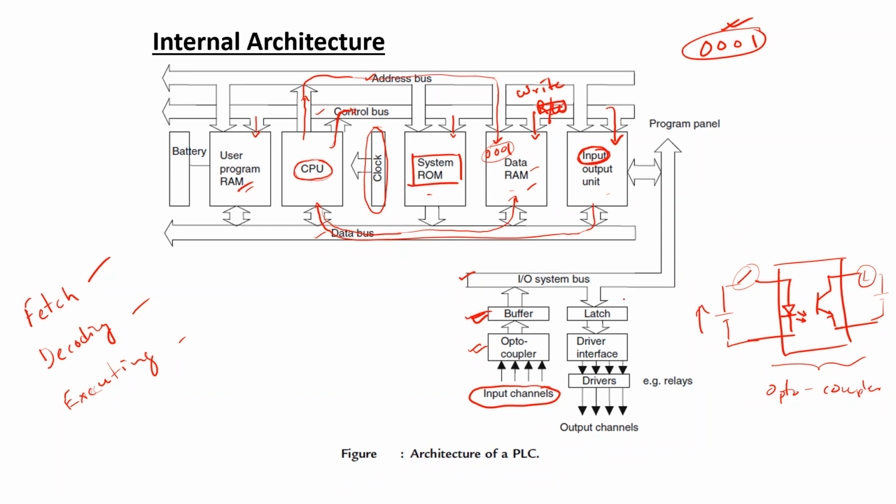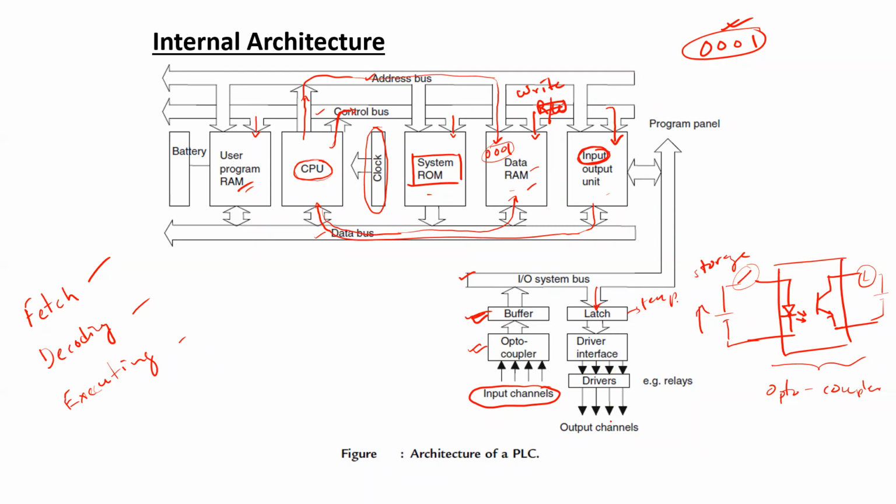Now, on the output side, if some data has to be transferred to the output ports, that can also be done through the input output unit. From the input output unit, the data will be transferred to the latches, which are temporary storages, and different types of loads may require different types of drivers.